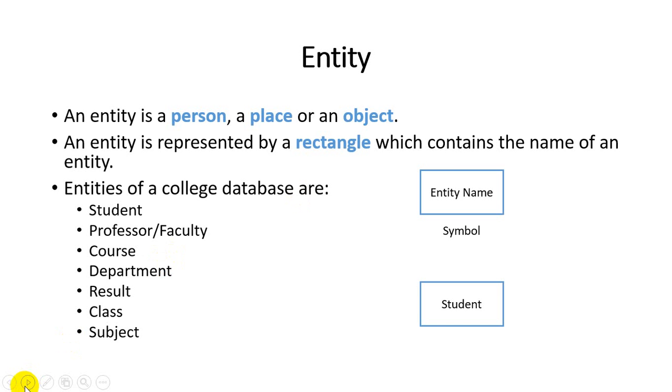How do we represent a college database entity? We can represent one of the entities, student, with the help of a rectangle. It is known as the graphical representation of an entity, which we study in the ER diagram.